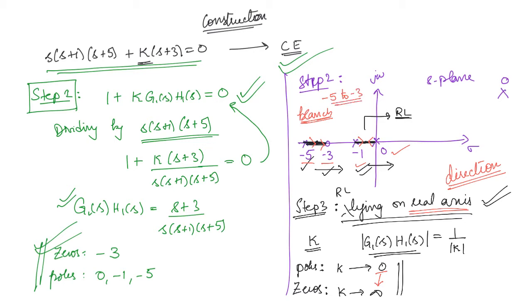What is meant by a branch? It is one complete portion of the root locus where k is varying from 0 to infinity. The root locus between -1 and 0 is not a complete branch because we have not yet found out what the end point is.